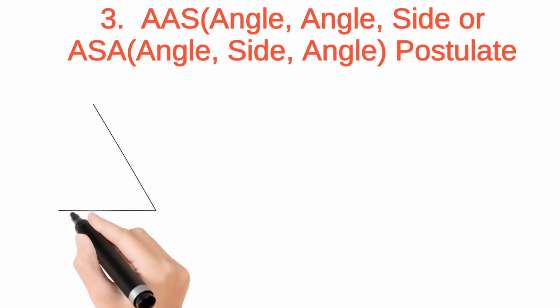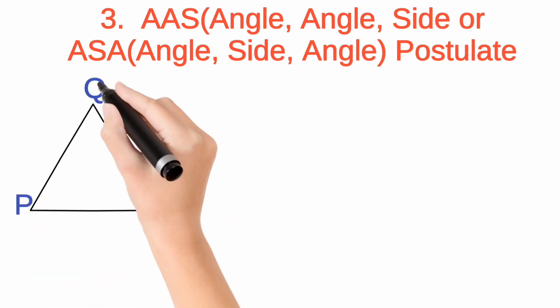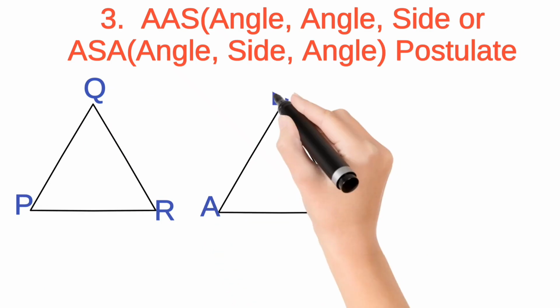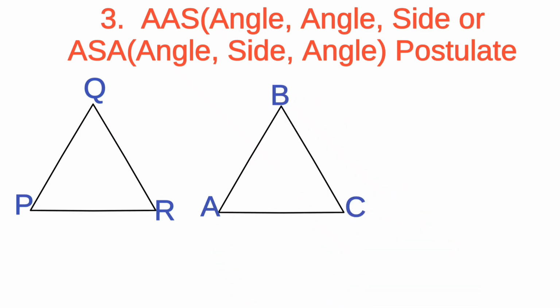AAS or ASA postulate, that is angle side postulate. Now, for angle side postulate, given a triangle PQR and a triangle ABC.